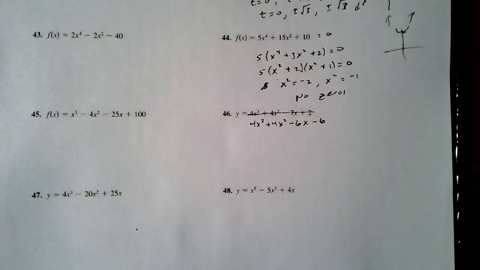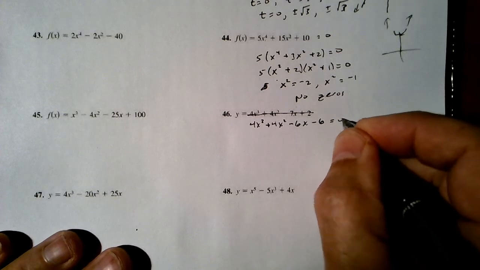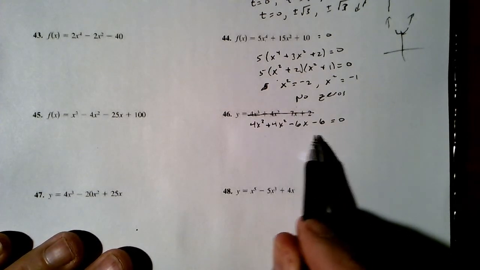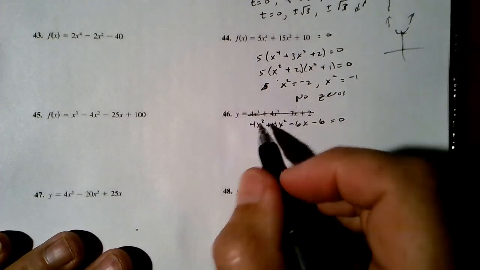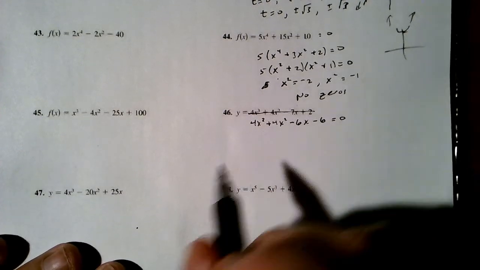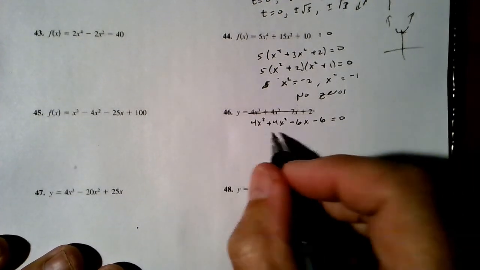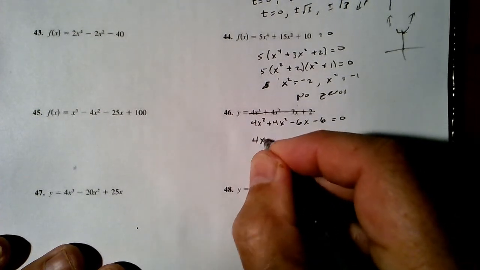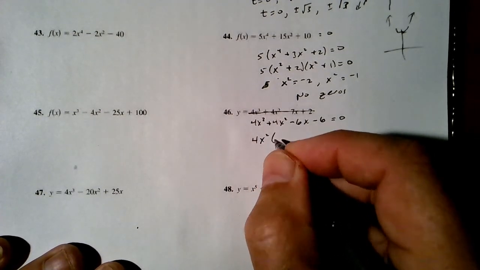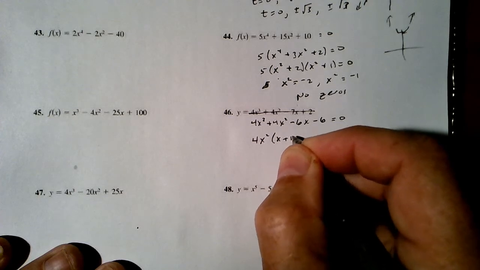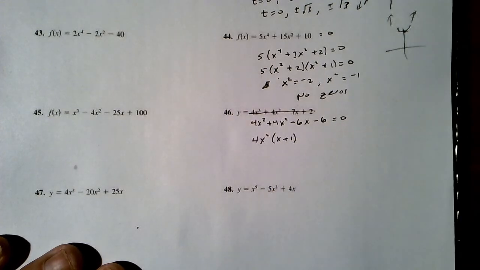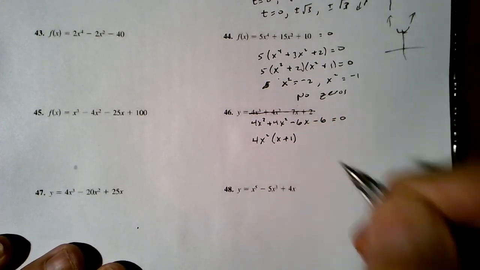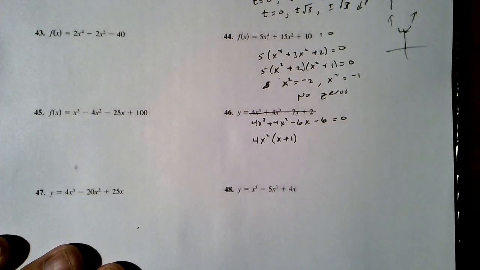If we have 4 terms, we might choose to try to factor by grouping. And factoring by grouping causes some people some problems just because you haven't practiced it much. Take a look. Out of these first 2 terms, I could factor out a 4x squared, and I would be left with x plus 1. Here's a little twist that I might do that maybe your previous algebra teachers didn't do.